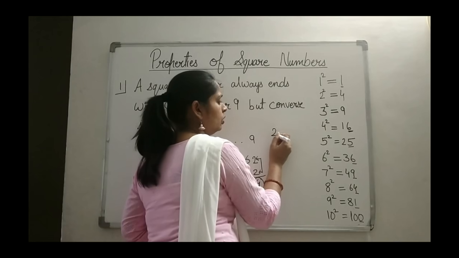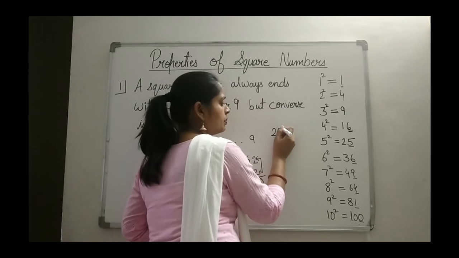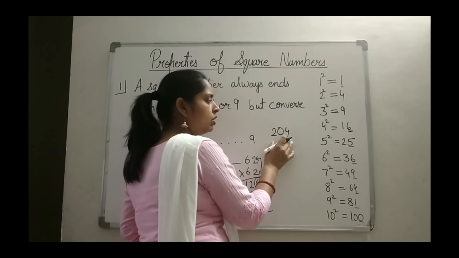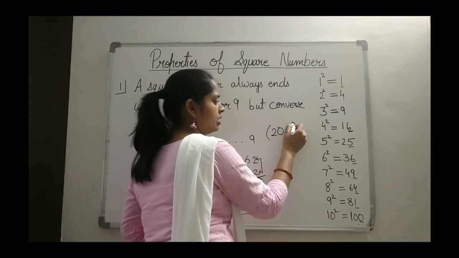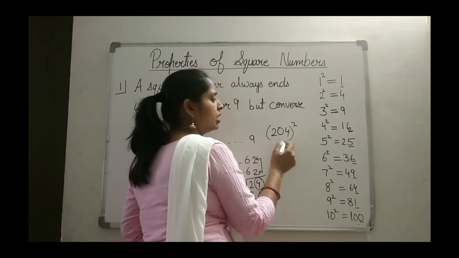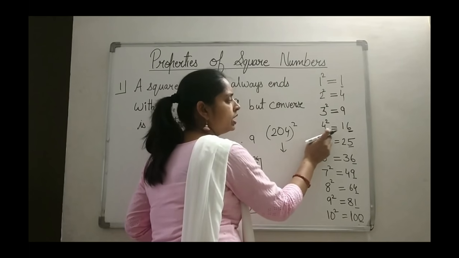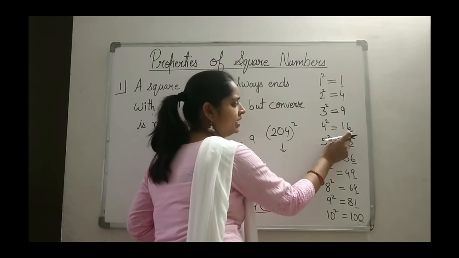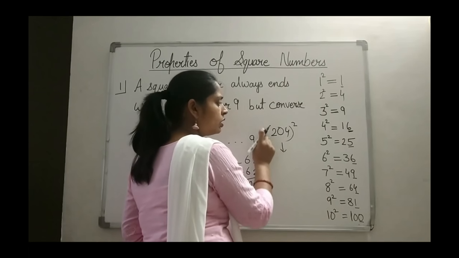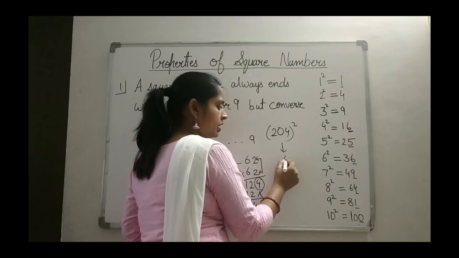Suppose 204 is there and you want to find the square of this number. So the square of this number will end by which number? It will end by 6 because the square of 4 ends by 6.